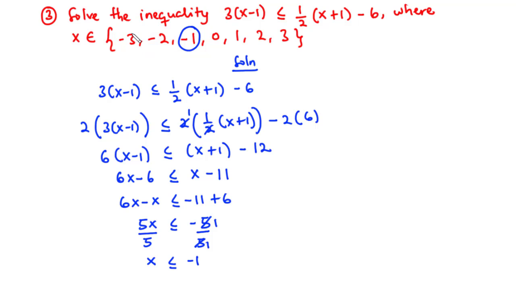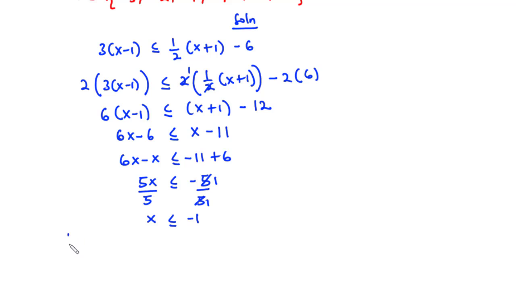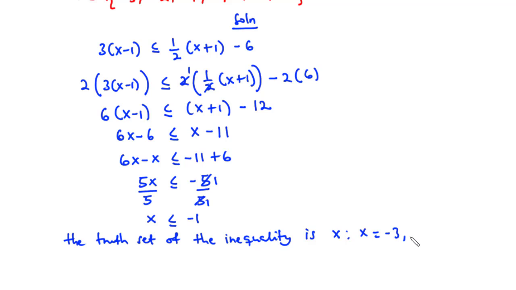Therefore, the truth set of the inequality is x is such that x is equal to negative 3, negative 2, and negative 1.